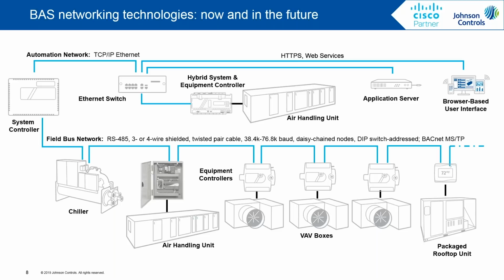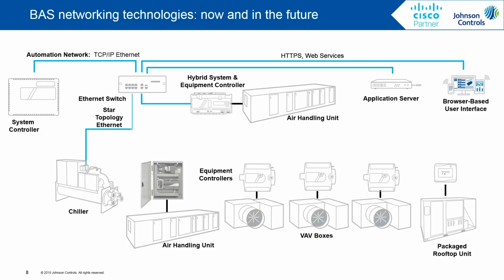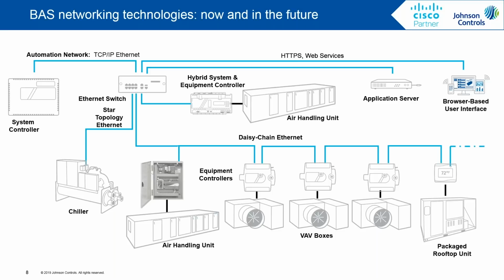So as a result, many vendors, including us, are starting to provide building automation solutions that leverage IP or Ethernet networking technologies across the entire network topology, even down to the equipment controller networking layer. This solves many of the deficiencies of serial RS-485 based networks.